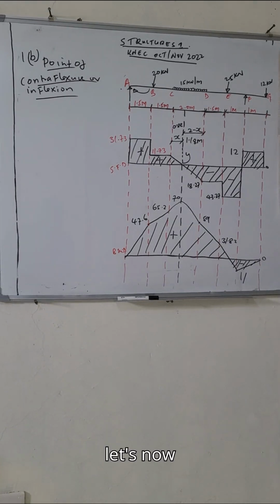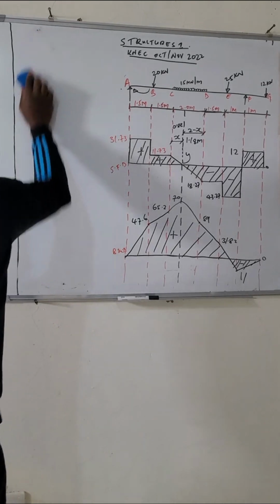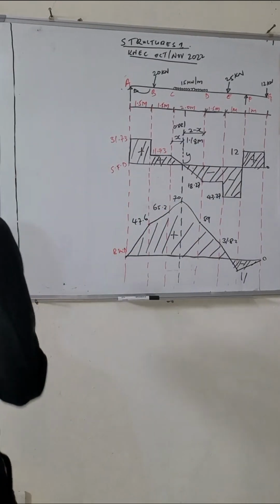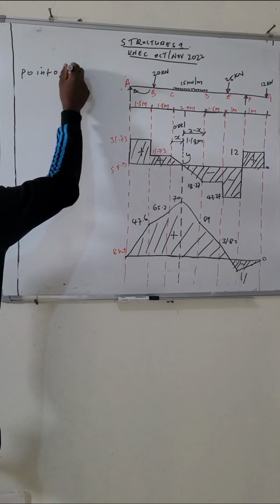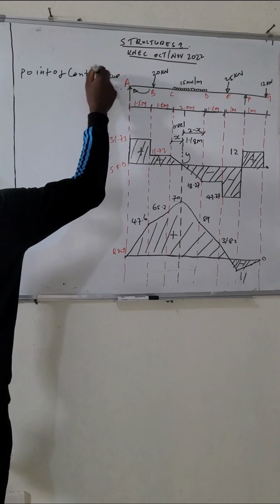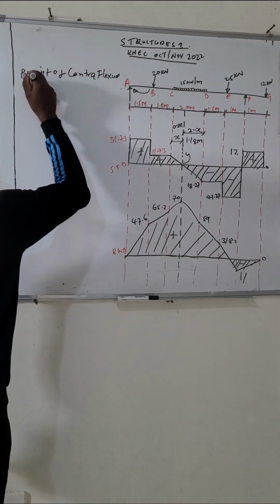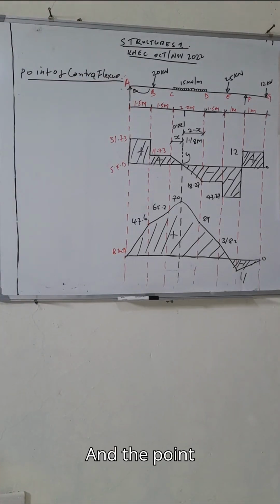Let's now solve this. The point of contraflexure is where the bending moment changes sign from negative to positive or from positive to negative.